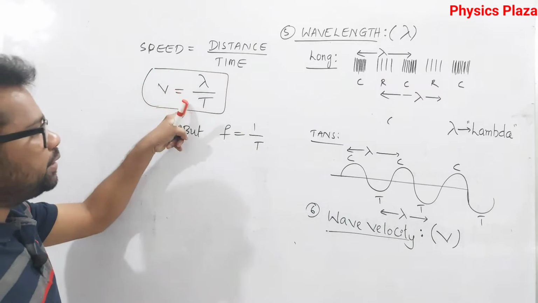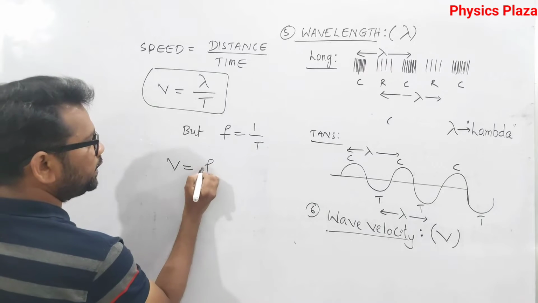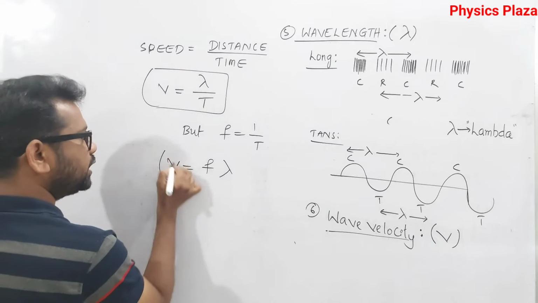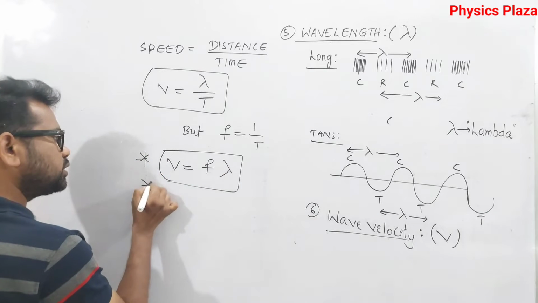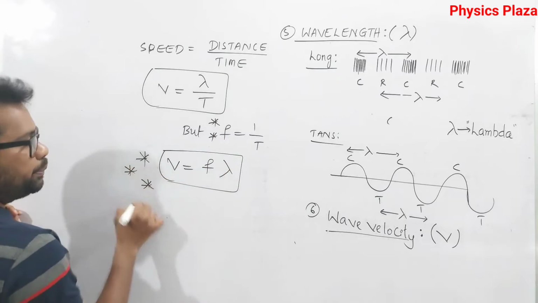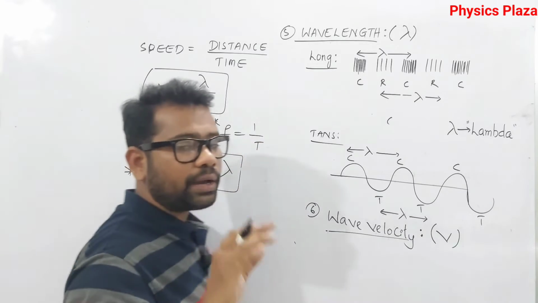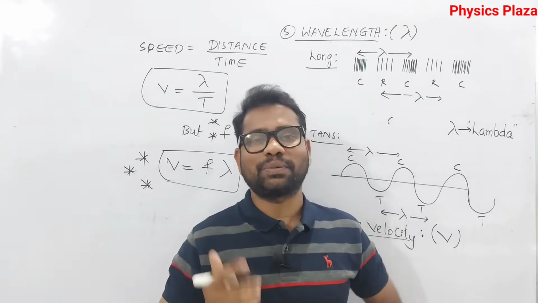So V is equal to frequency into lambda. Children, very important from the examination point of view. These two formulas are very important, and based on them we have very simple numericals which will be asked in the examination.